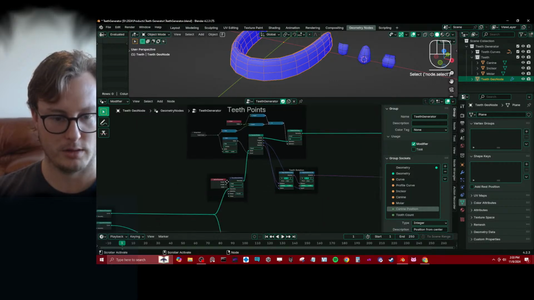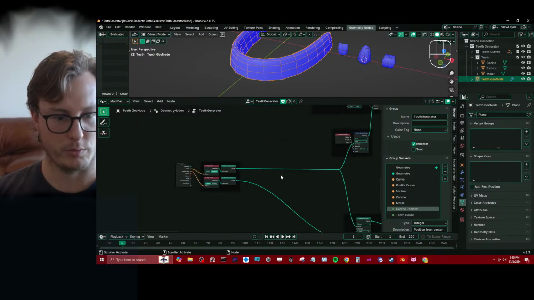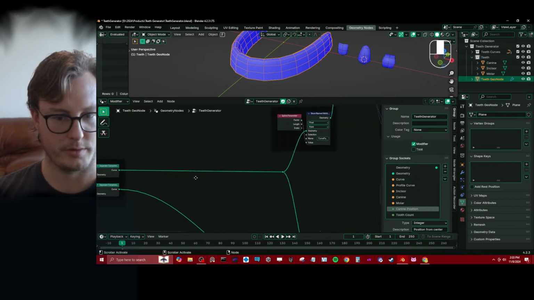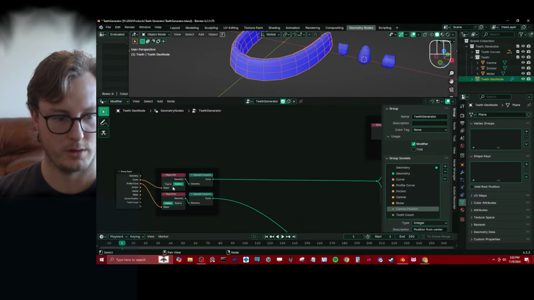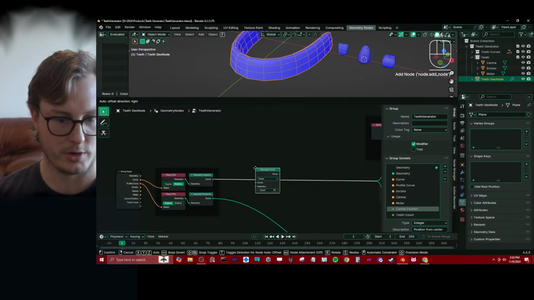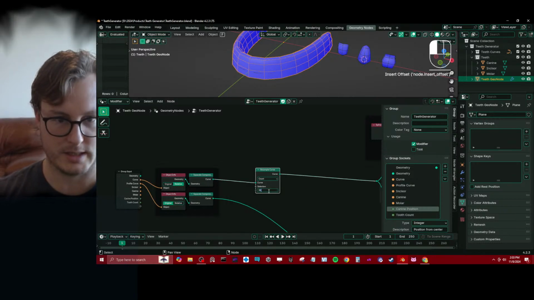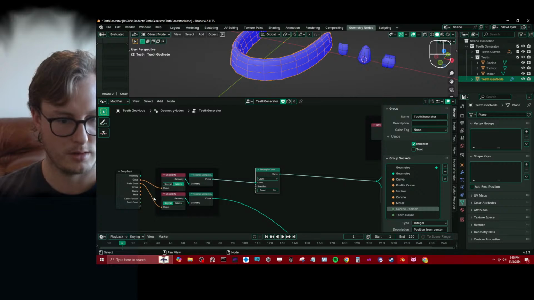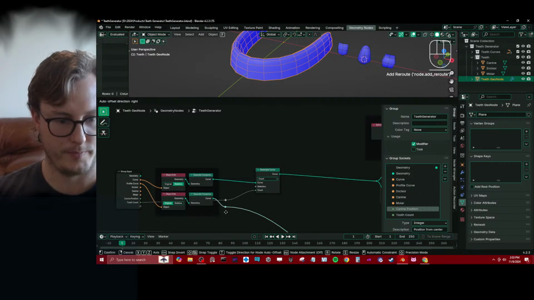And let's actually make sure we resample our curve. Resample curve to 26. And we'll use our tooth count on that one.